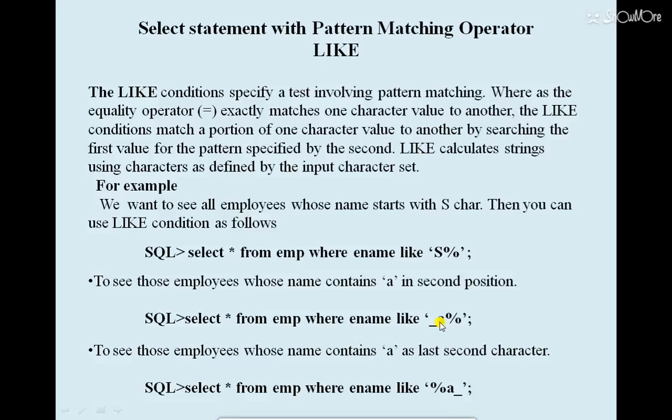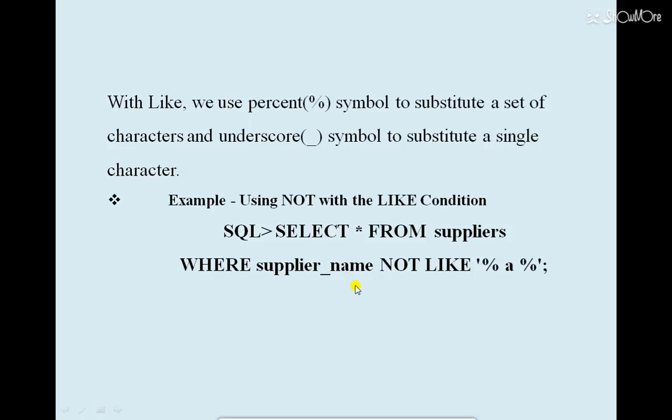So the first letter is any character, substituted with an underscore, and after that I use the percent symbol, which substitutes any number of characters. With the like operator we use the percent symbol to substitute a set of characters and the underscore symbol to substitute a single character.